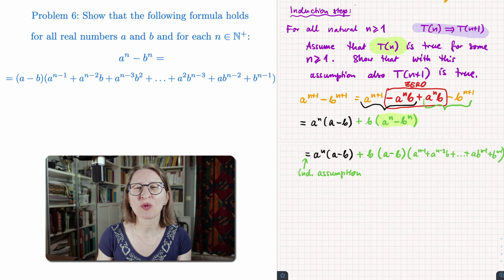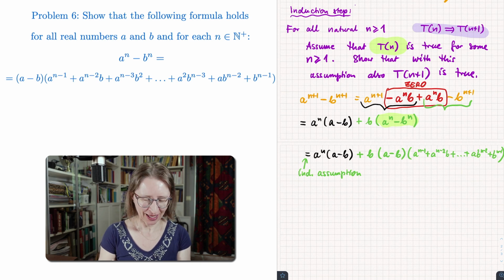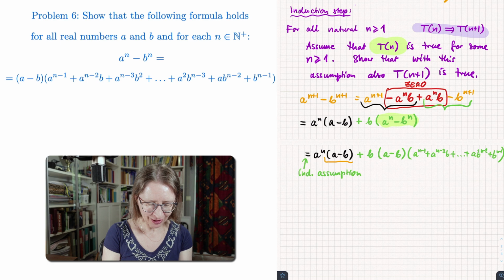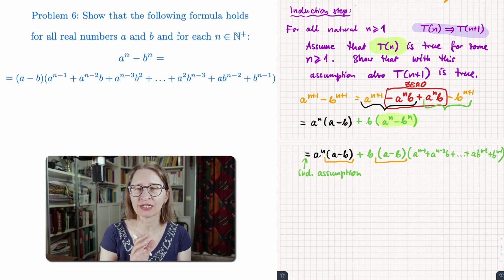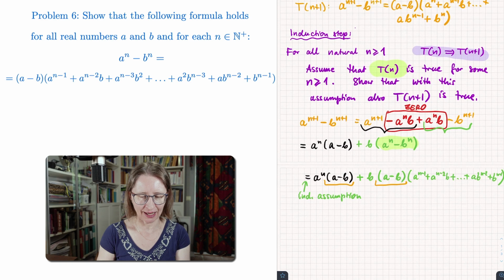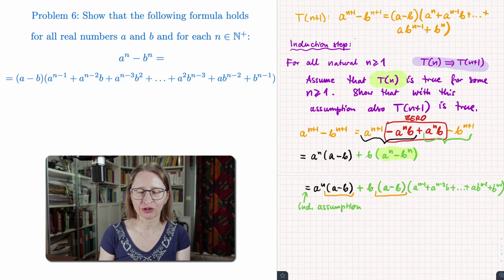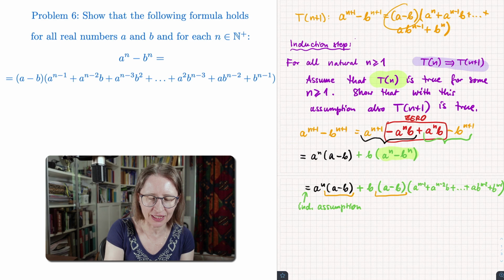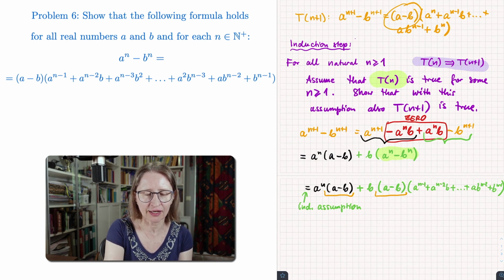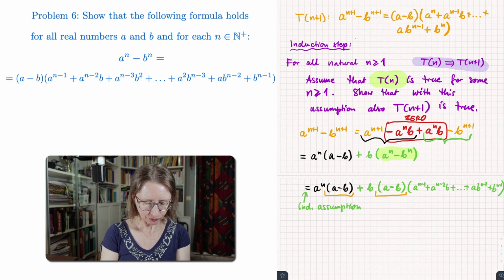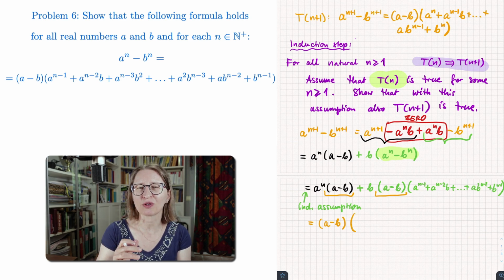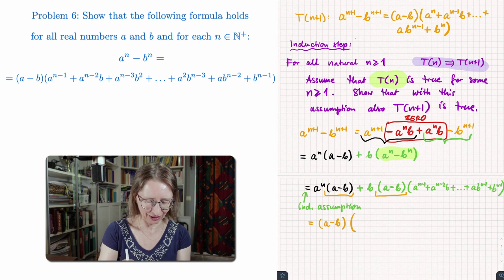And now we are just one step from success. Because you see, we have here a common factor in these two parts of our sum, and this is the common factor which also appears in the thesis here for T(n+1). So now I factor it out, and I gather together everything that is multiplied by this factor.